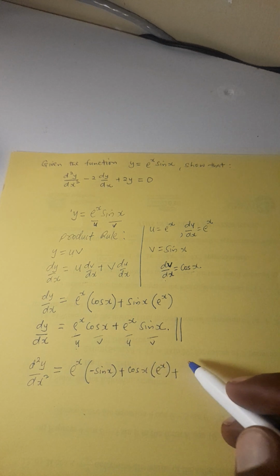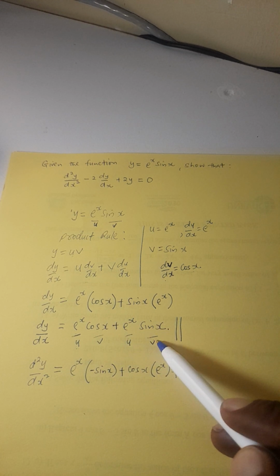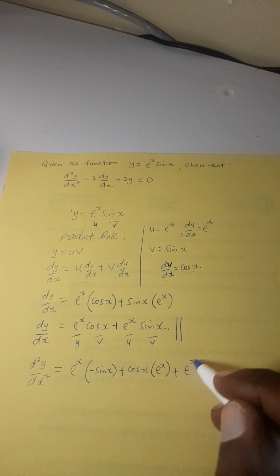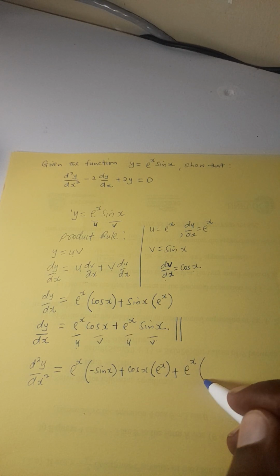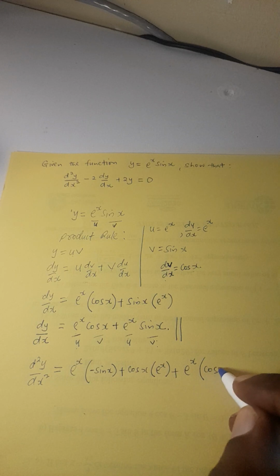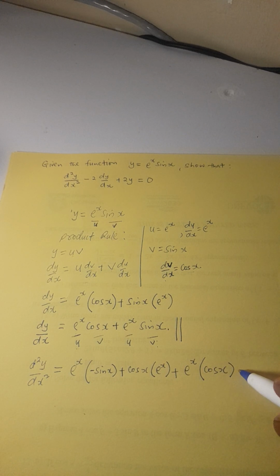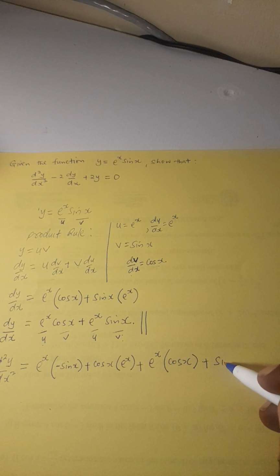Now we go to the second part. y can change with respect to v only, so e^x remains constant. Change in sin x, it will be cos x, plus the second part, old sin x to be constant, differentiate the first part e^x, which will be the same as e^x.